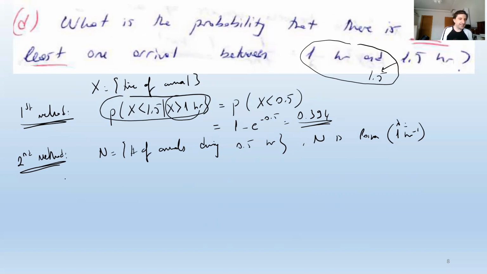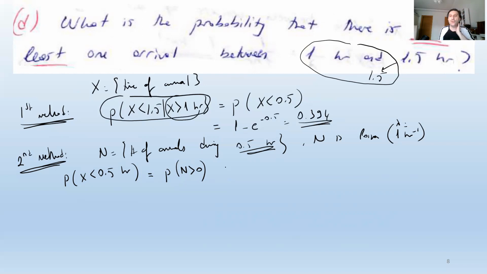So what we are asking here is the probability of x smaller than 0.5 hours. It means that the probability of n is greater than 0, so during this time there is at least one arrival. It may be 1, 2, 3. As long as it's not equal to 0, we have a non-zero number of arrivals during that 0.5 time interval.